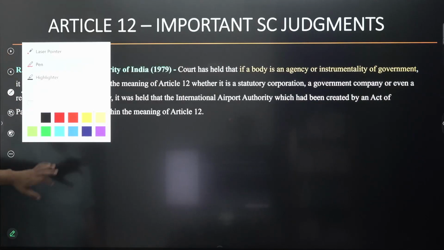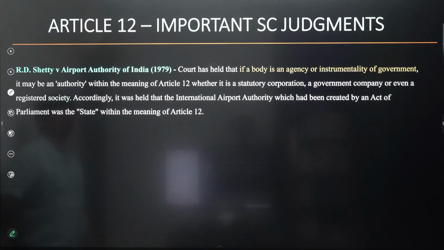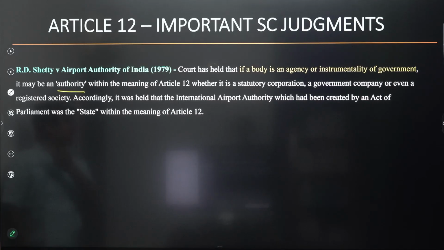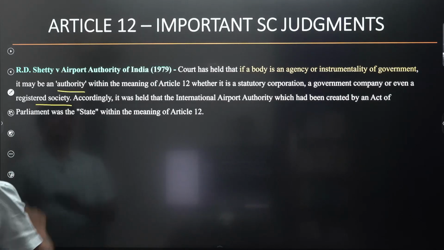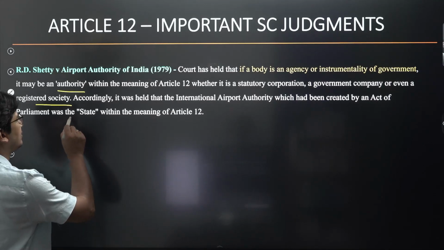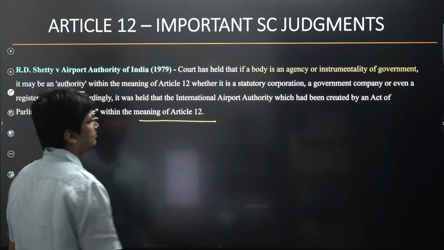So in R.D. Shetty versus Airport Authority of India, the court held that if a body is an agency or instrumentality of the government, it may be an authority within the meaning of Article 12, whether it is a statutory corporation, a government company, or even a registered society under the Societies Registration Act. And accordingly, it was held that the International Airport Authority, which had been created by an Act of Parliament, was state within the meaning of Article 12.